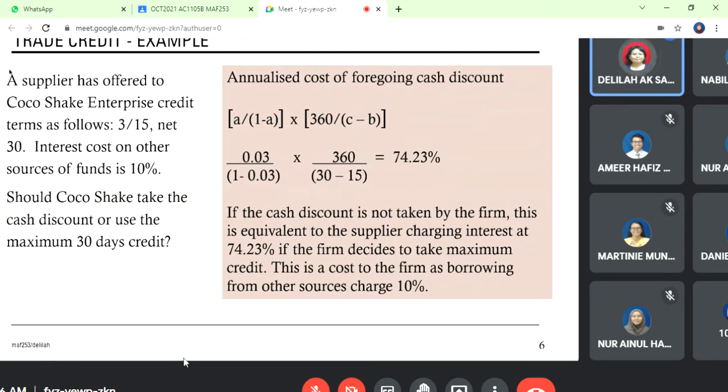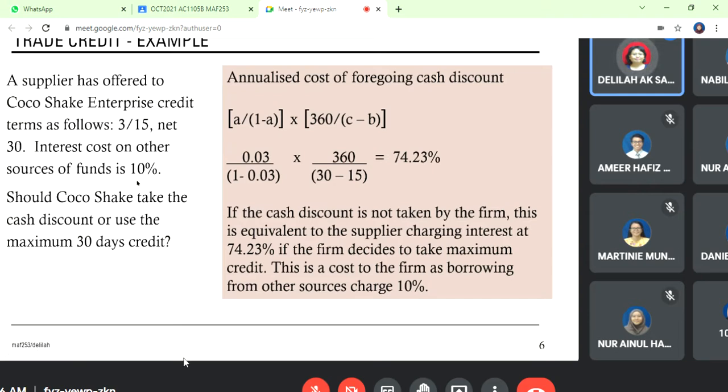So let's look at the situation here. A supplier of this company called Coco Shake Enterprise has given Coco Shake credit terms like this: 3/15 net 30. It means you get a 3% discount if you settle your account within 15 days, or else you have to pay in full by 30 days.